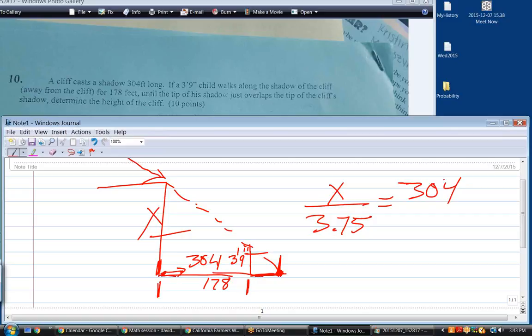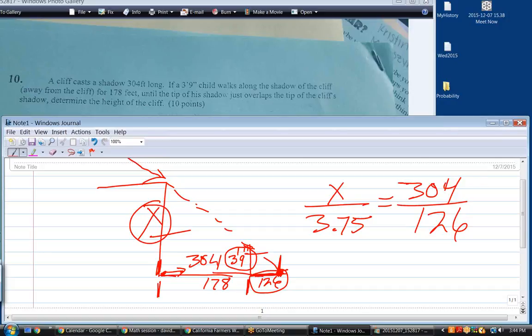Really careful. 304 is correct. 304 minus 178 is 126. In other words, this distance right there is 126. So I can say x is to the height of that triangle as the base of that triangle, which is 304, is to the base of that triangle, which is 126. And that allows us to solve for x.